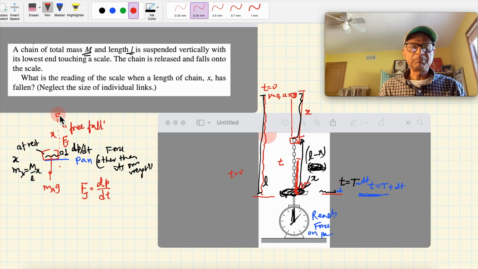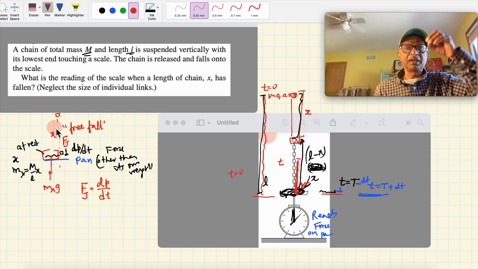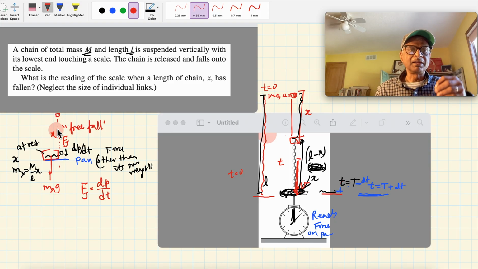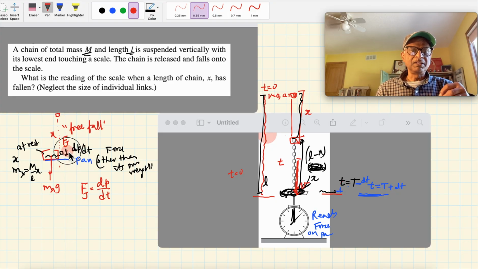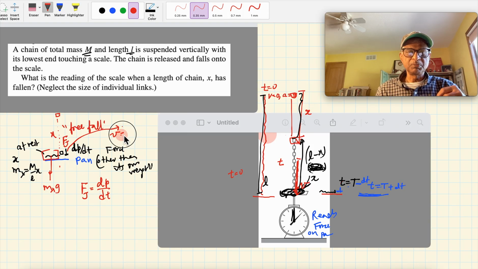So if you drop a link or mass a distance x vertically, then this v is supposed to be the square root of 2gx. It's going to work out like that.